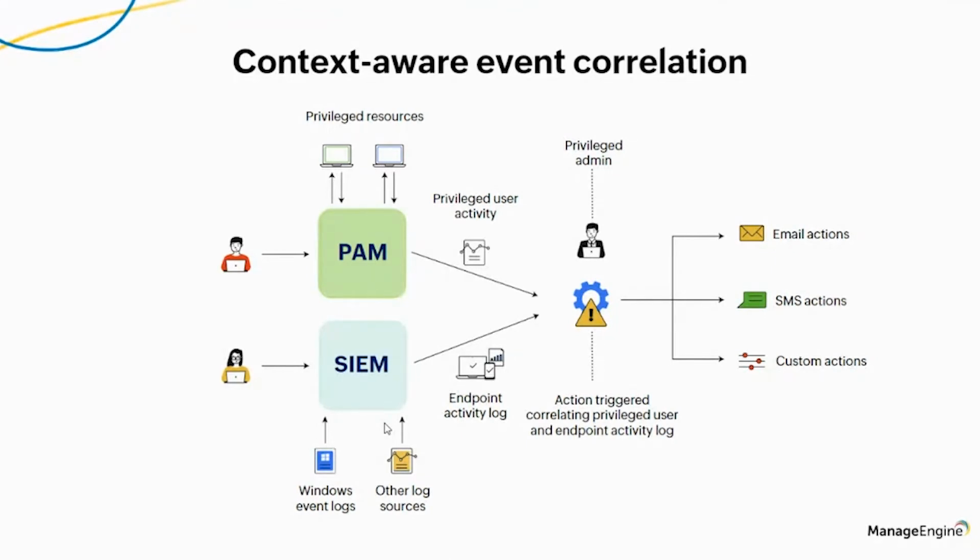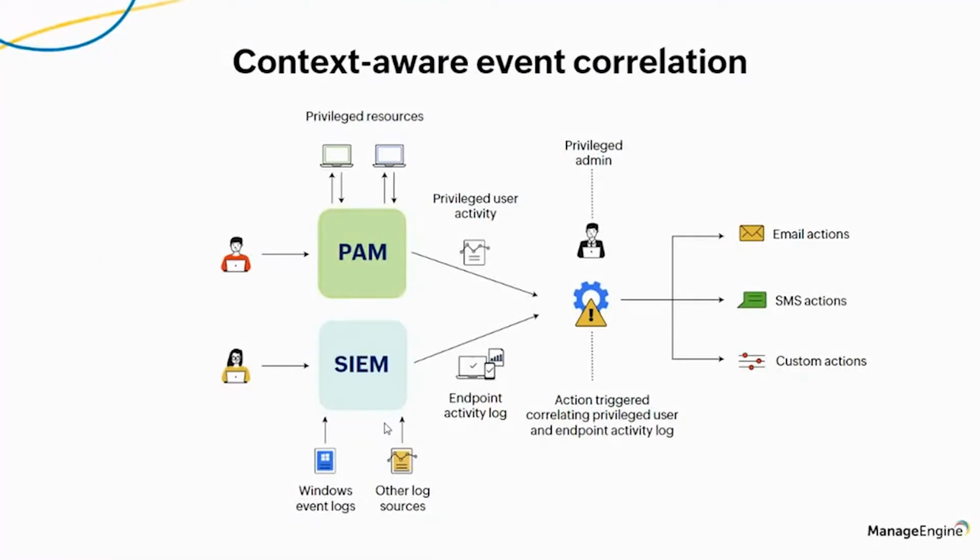So this is called contextual integration to gain advanced event correlation. Advanced event correlation is where something happens in PAM, something happens in your network, and that in turn becomes data for Log360, and both these solutions work together to identify what is the full story.